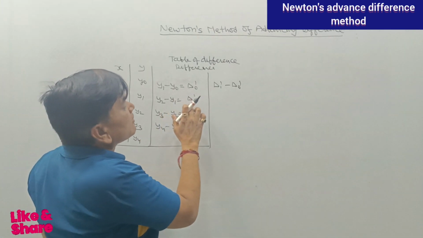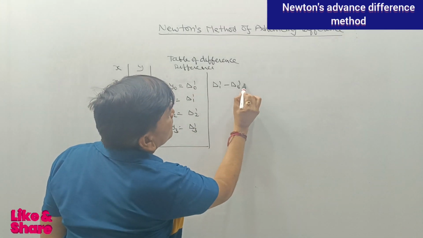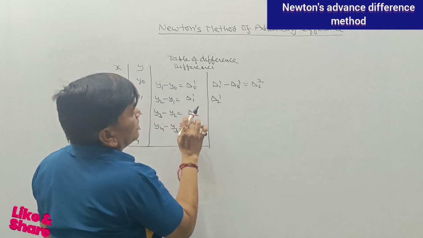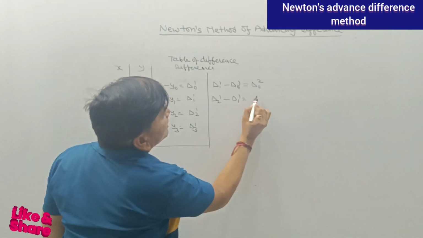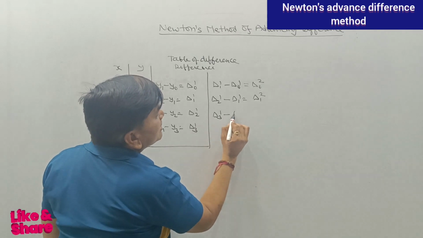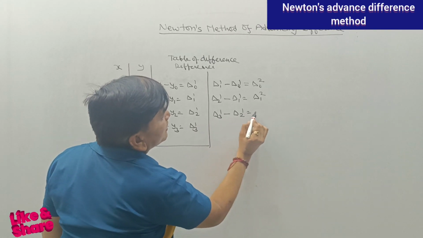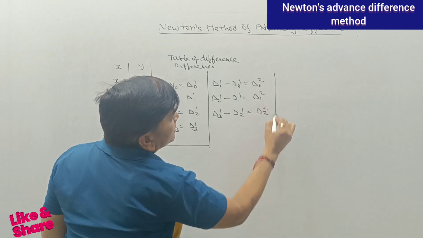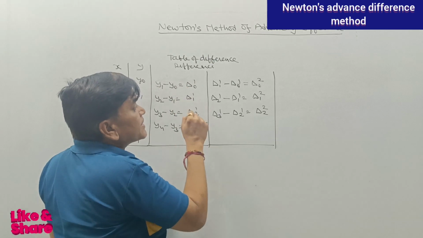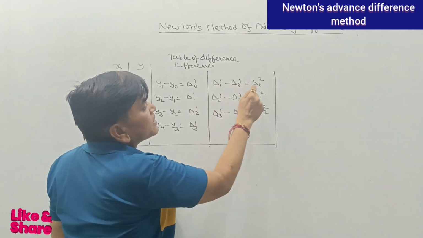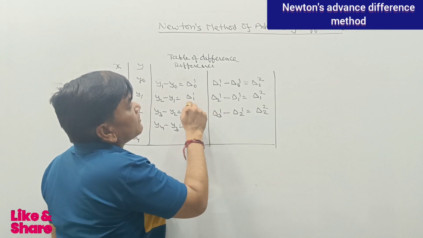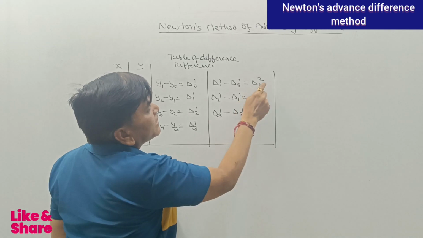Now the second difference: delta 1 1 minus delta 0 1, that is delta 0 2.